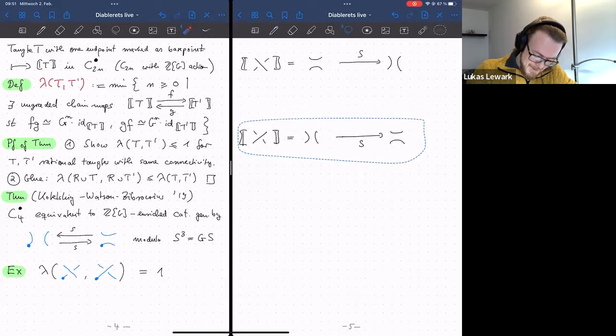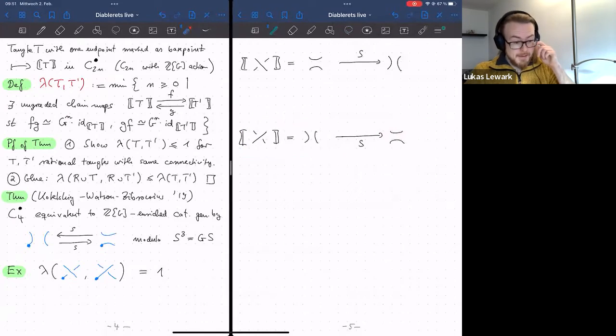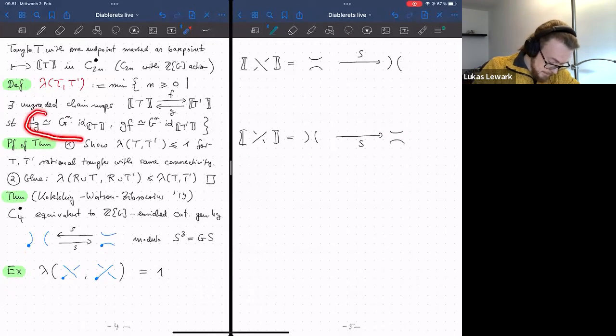And now, how do we find maps F and G and a homotopy so that we have this condition here? We want FG to be homotopic to G times the identity. Well, let's have a look at what chain maps we can write down at all.